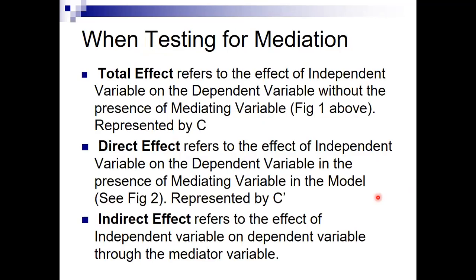Now, when do we test for mediation? The language primarily used is total effect, although it is criticized. What we mean by total effect is the effect of the independent variable on the dependent variable without the presence of the mediator.